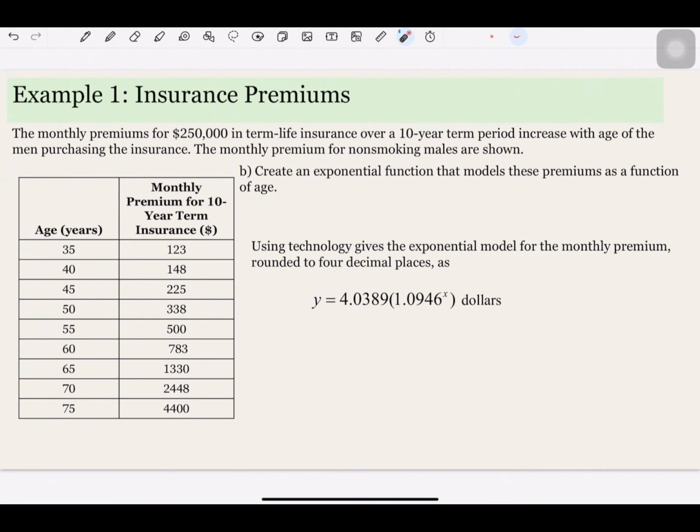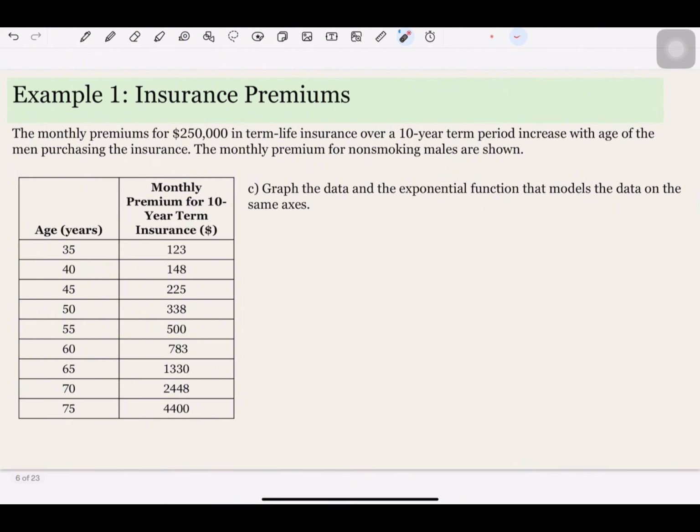In this equation, x represents the age in years and y gives you the estimated monthly premium. In a follow-up video, I'll show you how exactly you can generate this model using the TI-84 graphing calculator step by step. Okay, moving on to the third part.